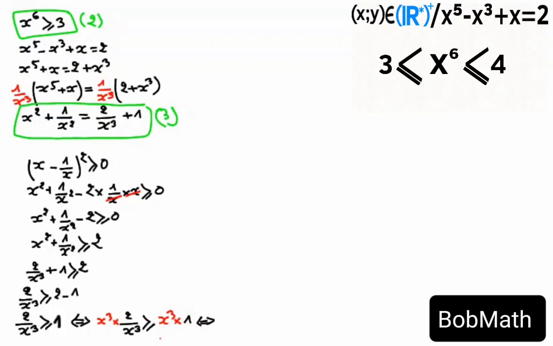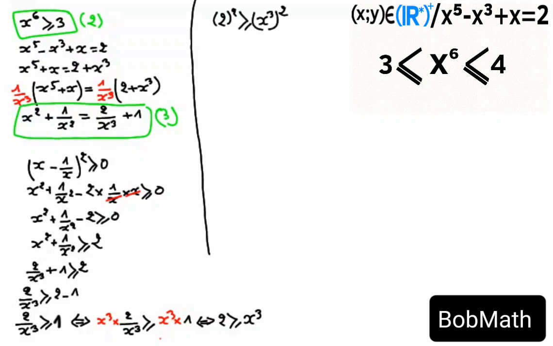Therefore, 2 is greater than or equal to x^3. Now we square both sides. So we get 2^2 greater than or equal to (x^3)^2. Therefore, 4 is greater than or equal to x^6.